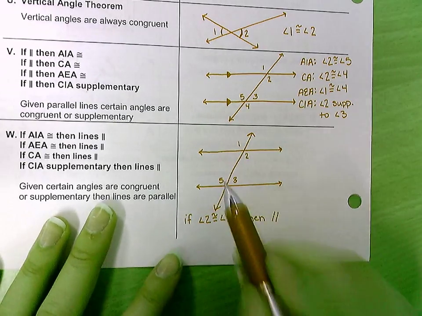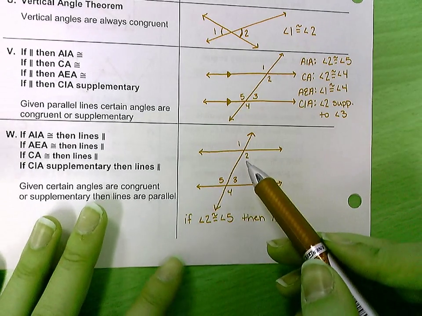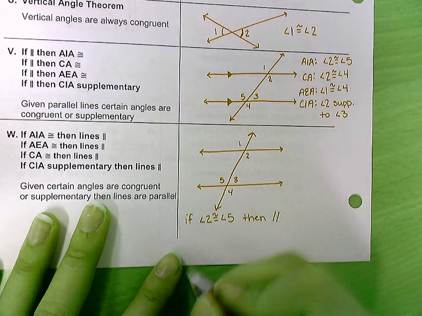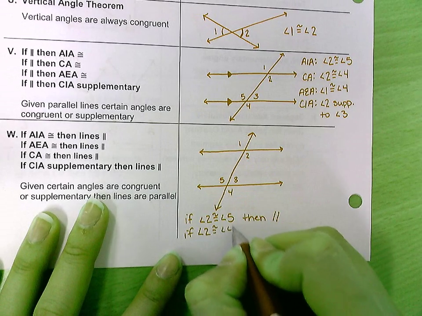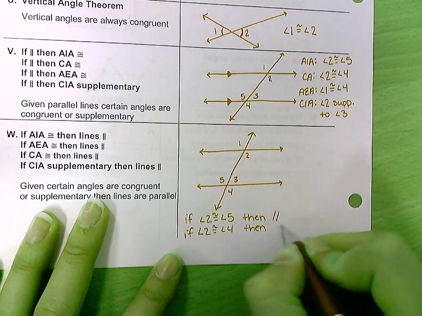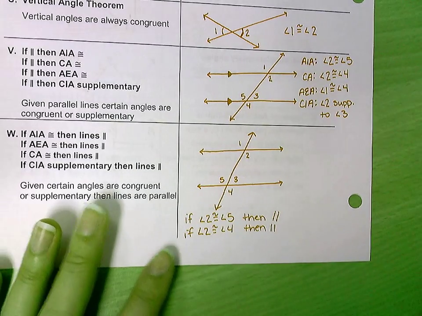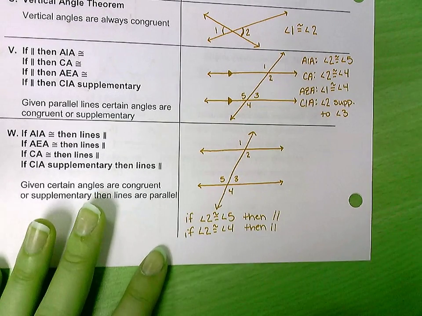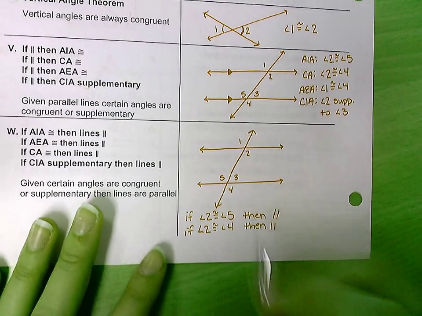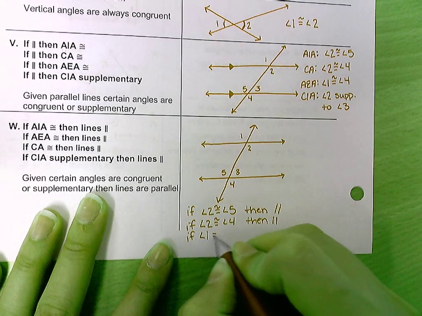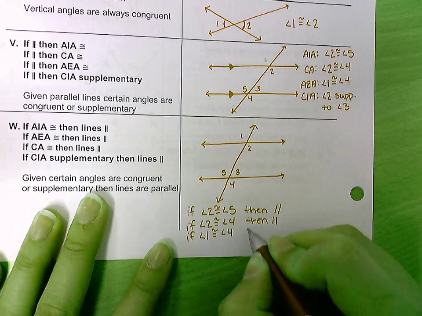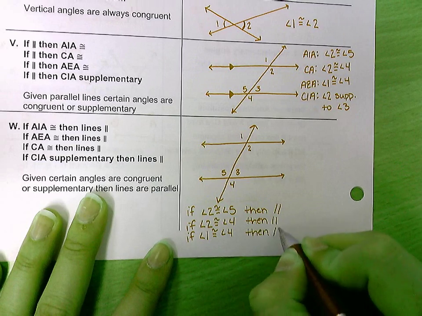Those were your alternate interior. Your corresponding angles are 2 and 4. So if angle 2 is congruent to angle 4, then your lines are parallel. Your alternate exteriors, so if angle 1 is congruent to angle 4, then those lines are parallel.